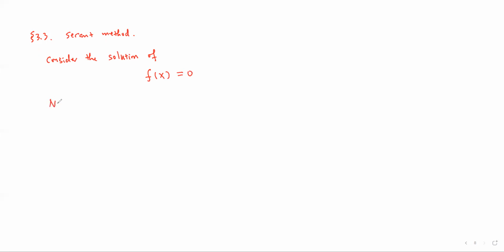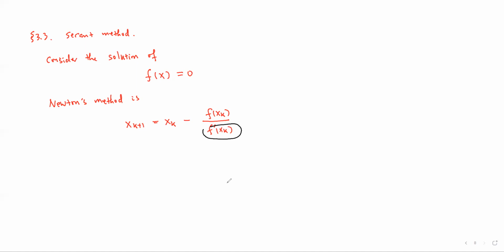Now, Newton's method is s_{k+1} equals s_k minus f(s_k) over the derivative. A big drawback about this method is that it requires the derivative.